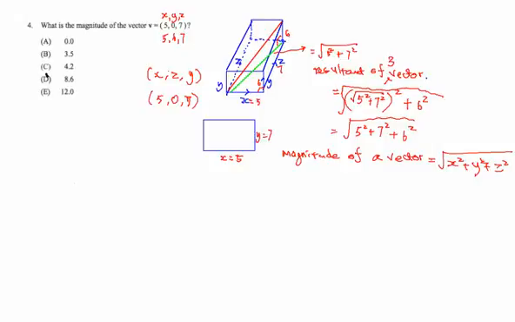So the magnitude of this vector, let's change it to red so that they are similar, is only this line. This red line becomes the magnitude. The z is 0, therefore it actually becomes a 2D vector.